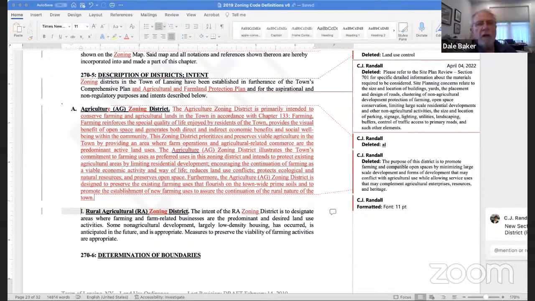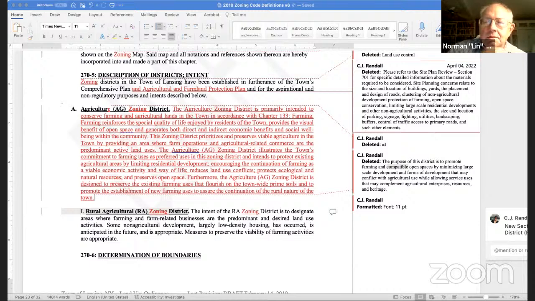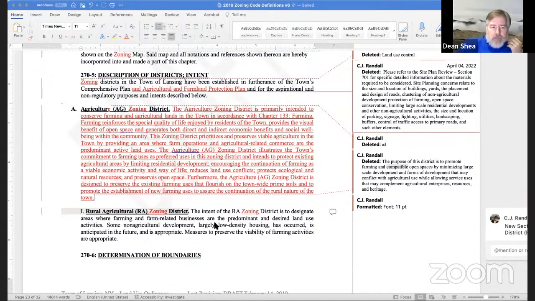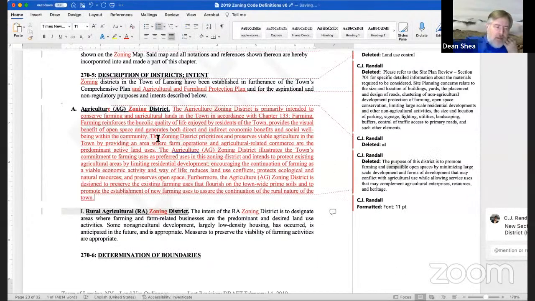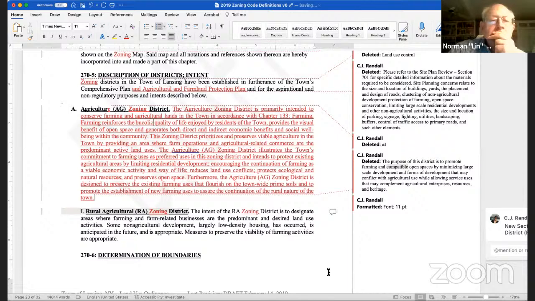The quality of their life is looking at somebody else's property and saying that's their quality right there. Bucolic. They want to look out of their house and see a bucolic site that somebody else must maintain. You got it.